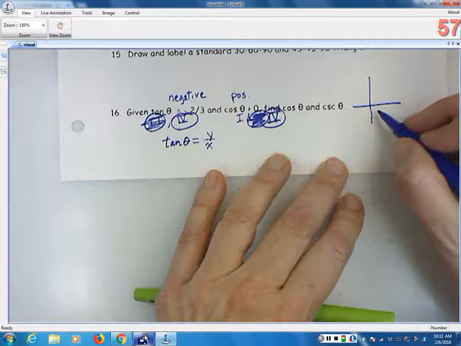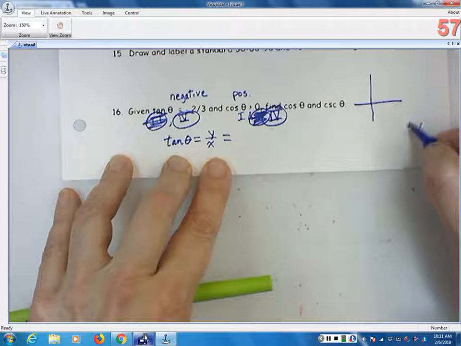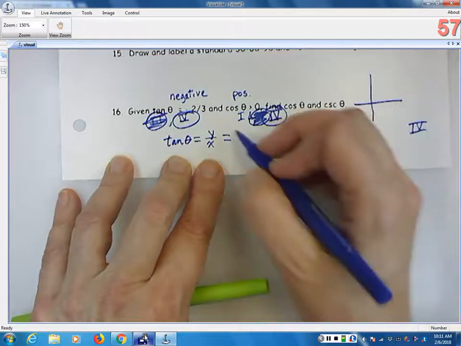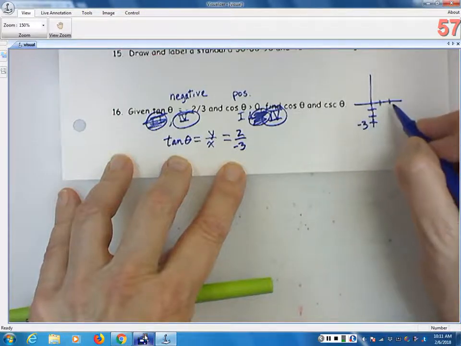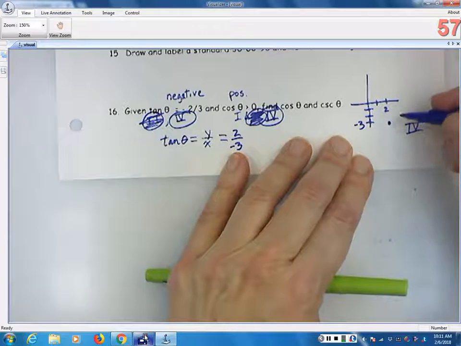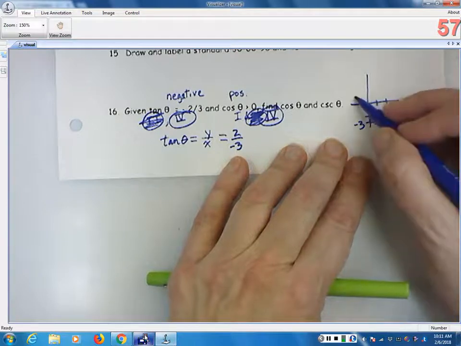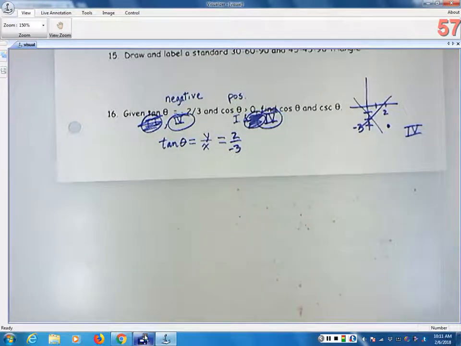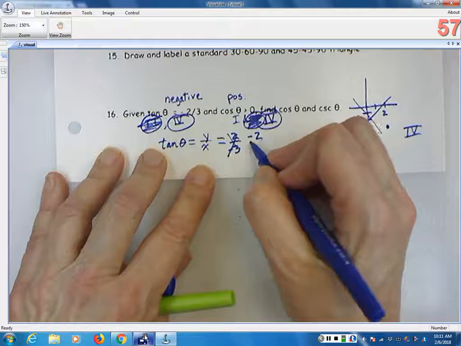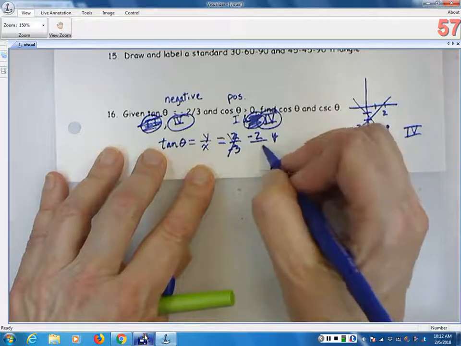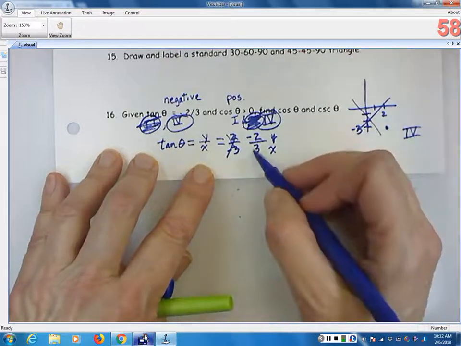So we need a negative 2 and a positive 3. Remember, in quadrant 4, x is positive and y is negative.